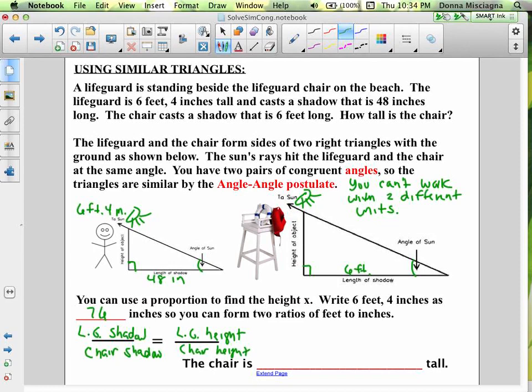All right? So 48 is the shadow. And the chair shadow is 6.